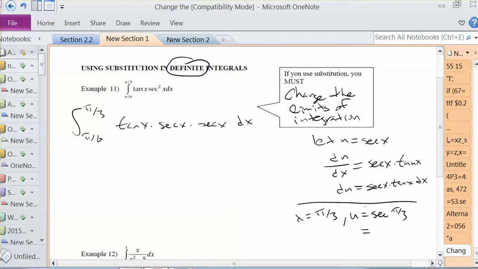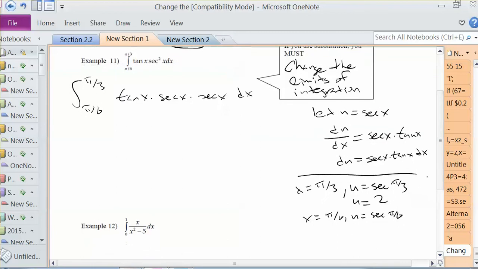And if you use your unit circle correctly, cosine of pi over 3 is 1/2, so that'll be 2. Additionally, if x equals pi over 6, then u equals the secant of pi over 6. Cosine of pi over 6 is root 3 over 2, so if you flip it over, that's 2 over root 3.